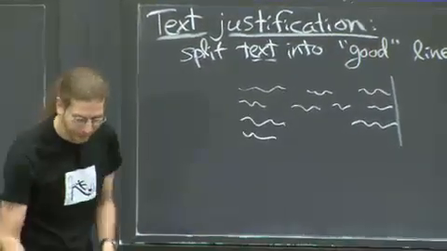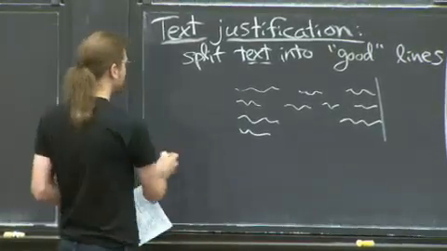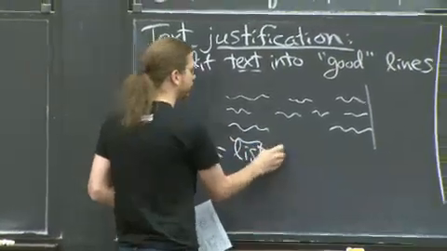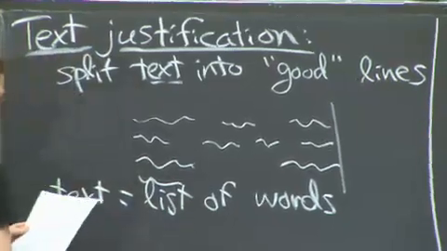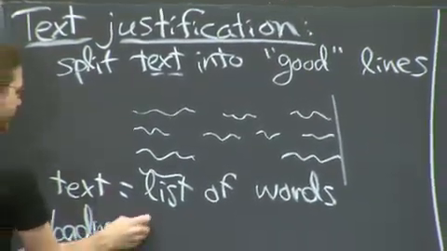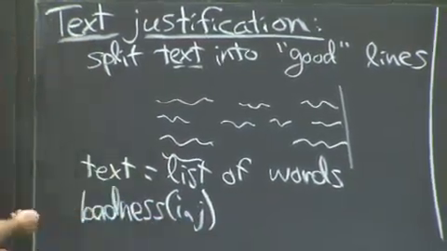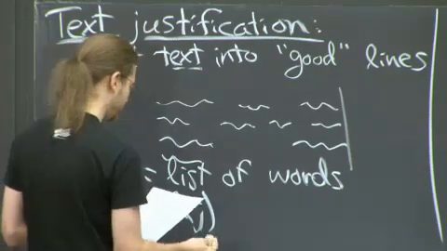So let me specify a little bit more about what we mean here. The text we're going to think of as a list of words. And we're going to define a quantity badness. This is an aesthetic quantity, if you will. I'm going to tell you what LaTeX uses.